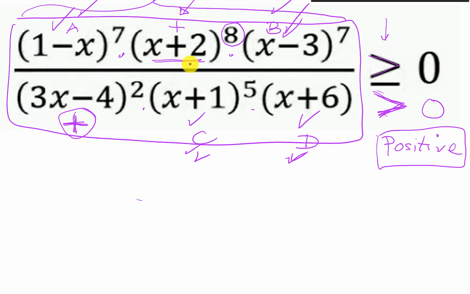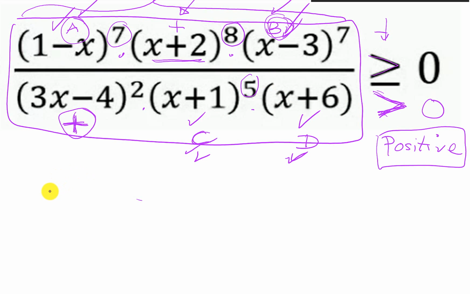They don't change the result. The possibility of positivity or negativity depends on A, the odd power of this, B, the odd power, C, the odd power, and this, the odd power.